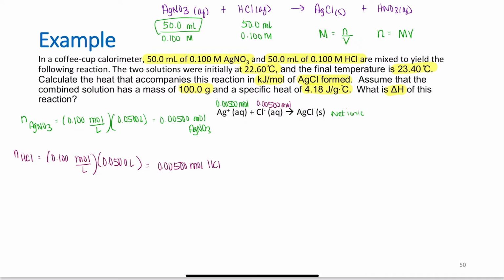Now let's do the first law in words. The heat lost by the reaction must equal the heat gained by the solution.